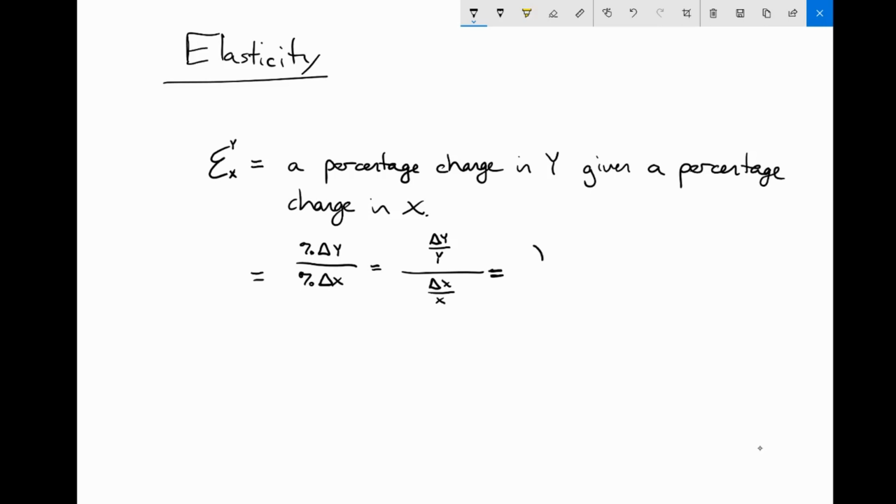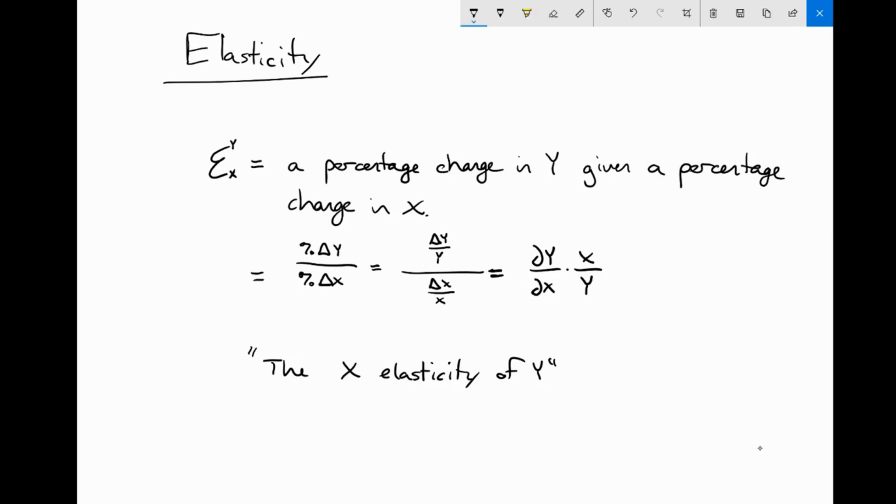This would be the derivative of Y with respect to X times X over Y. This would be the elasticity. So we would articulate this as the X elasticity of Y. The X elasticity of Y.